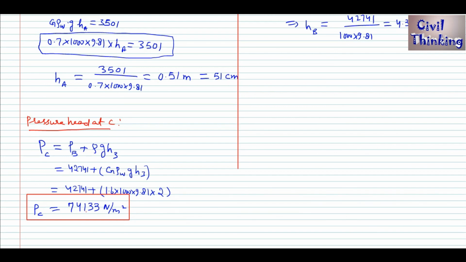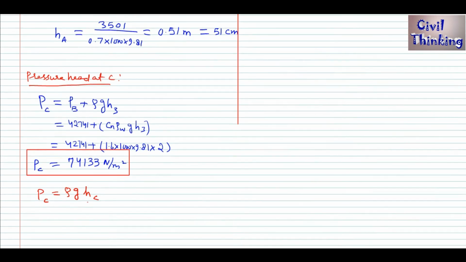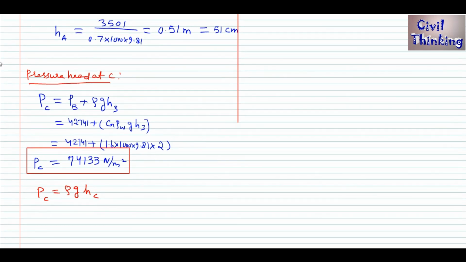Now we know the pressure at C is equal to rho G HC. Let's put in the values. The pressure at C is 74133, which equals the density of this unknown fluid, 1.6 times the density of water, multiplied by G, multiplied by HC.